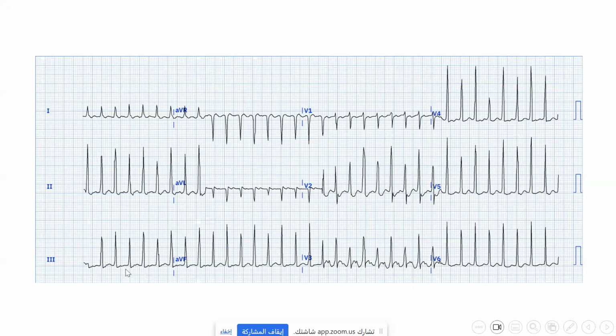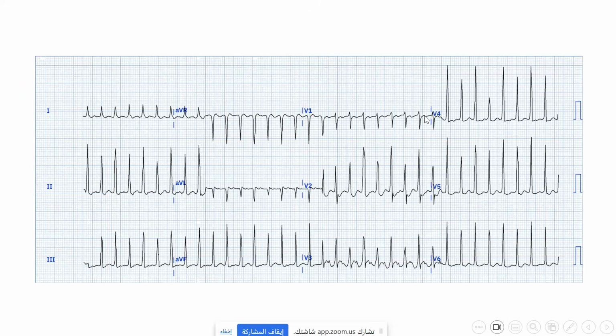I can appreciate there is a P wave as you see here in the inferior leads, and it is a very sharp R wave. This is RP shorter than PR interval, so we can classify this as a short RP tachycardia.